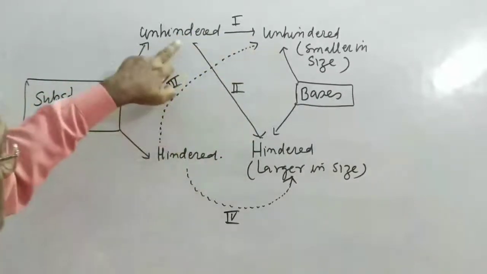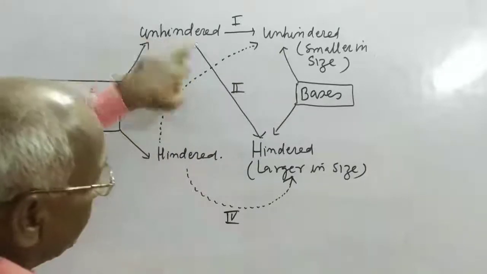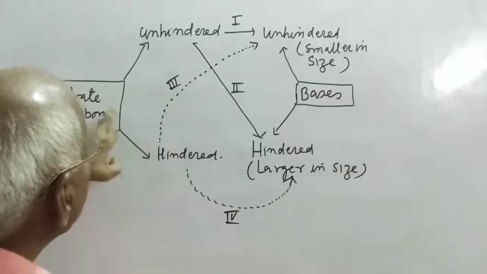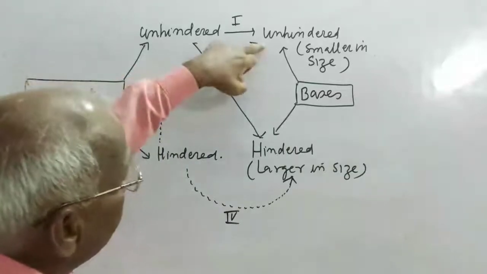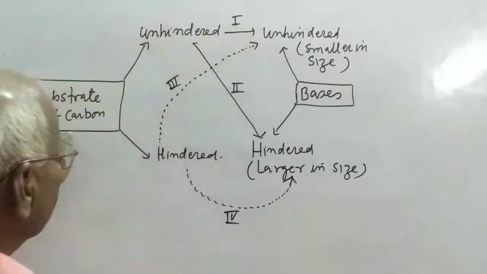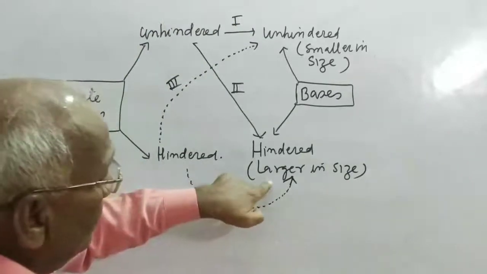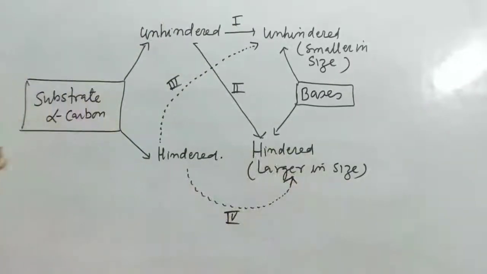In the second case, unhindered substrate reacts with hindered base. In the third case, hindered substrate reacts with unhindered base, and in the fourth case, the hindered substrate reacts with the hindered base. So there are 4 possibilities of reaction in which sometimes E2 is major and sometimes SN2 product is major.